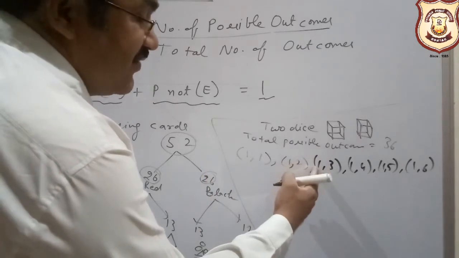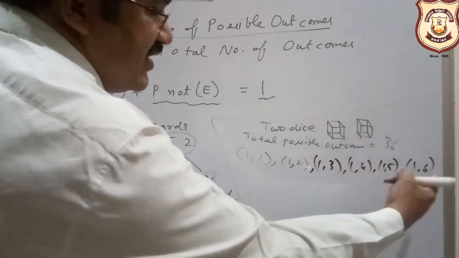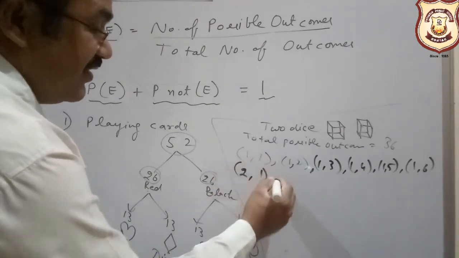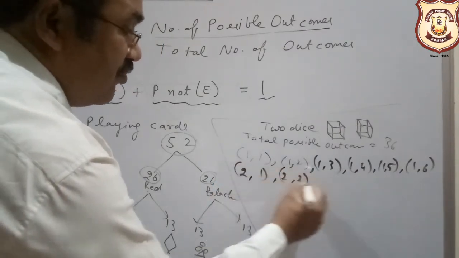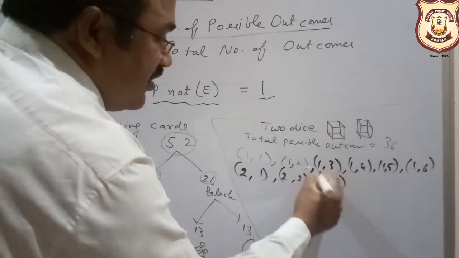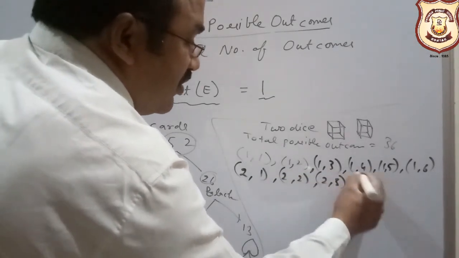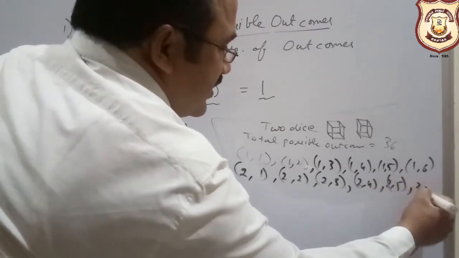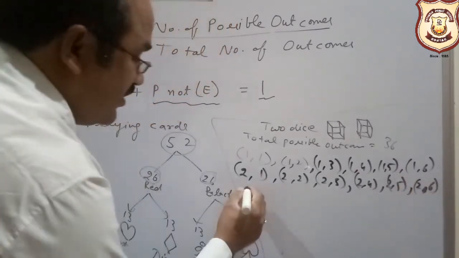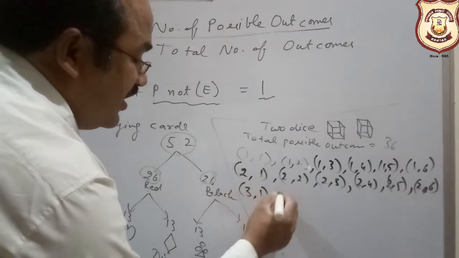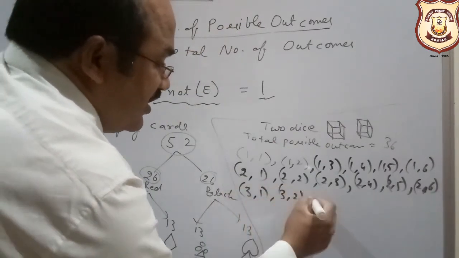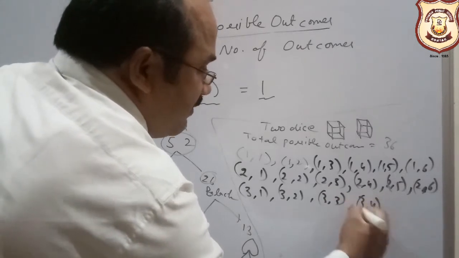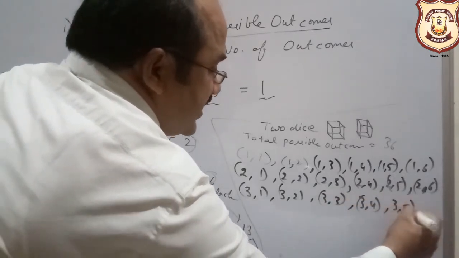On the first die 1, 3, like this. On the first die 2, then second 1, (2,2), (2,3), (2,4), (2,5), (2,6). Then (3,1), (3,2), (3,3), (3,4), (3,5), (3,6).